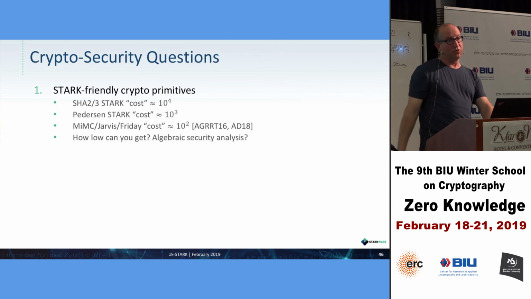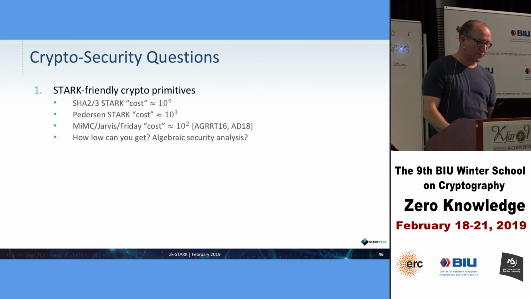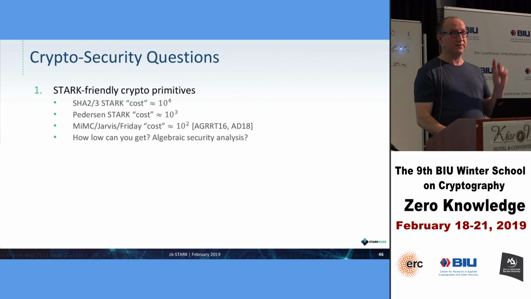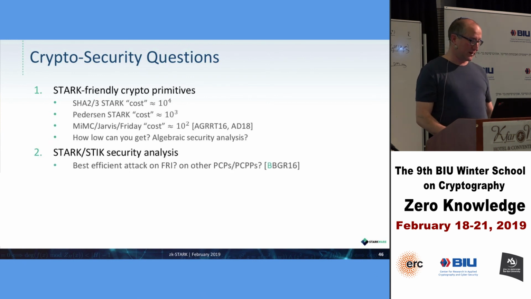If you go to things that are more efficient like MiMC or the recent Jarvis and Friday codes, you're already in the hundreds. And the question is, how low can you get? Because as you decrease this complexity, you're running into bounds of algebraic cryptanalysis, things like the Gröbner basis algorithm. So it's a very interesting question to understand.